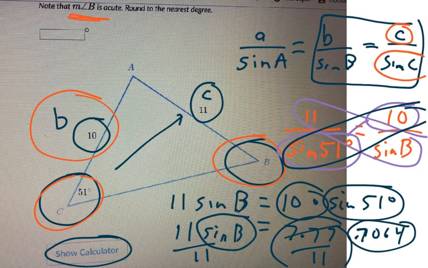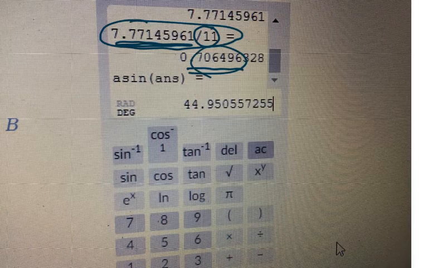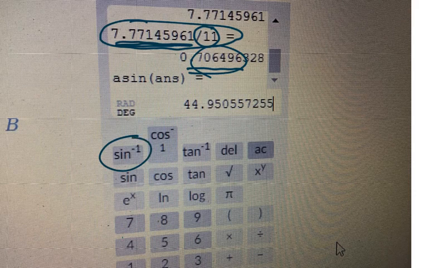Now that equals the sine of B, right? So to find angle B, I'm going to do the sine inverse on this. And so you're going to go to your calculator. You're going to do sine inverse on, actually, wrong screen, sine inverse on this.